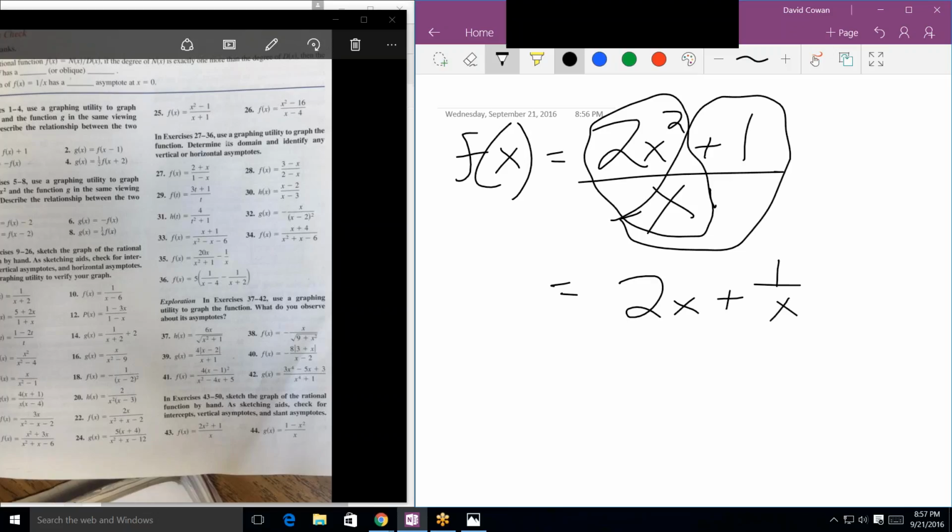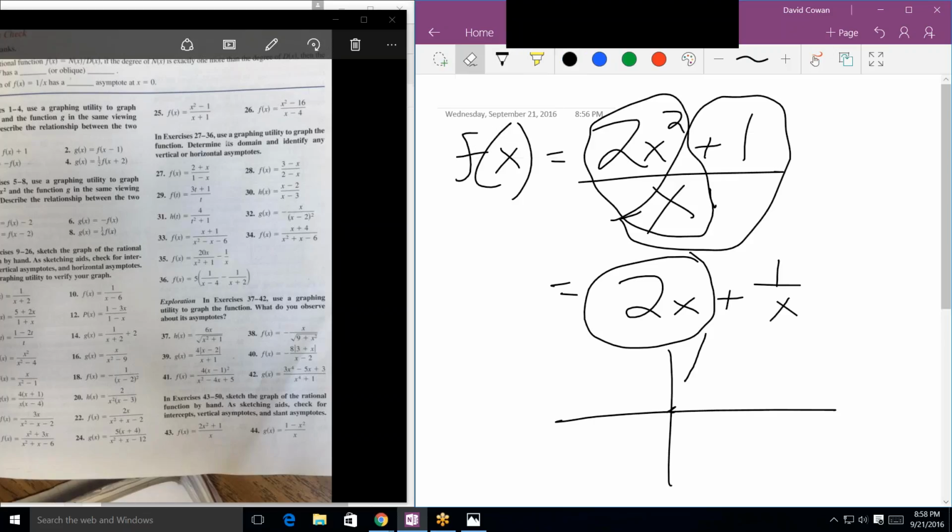That's my function. Okay? And this is a remainder, so the slant asymptote goes there. The equation of the slant asymptote is 2x. Well, that goes through the origin, has a slope of 2 on it. Whoops, let me draw it as a dotted line.